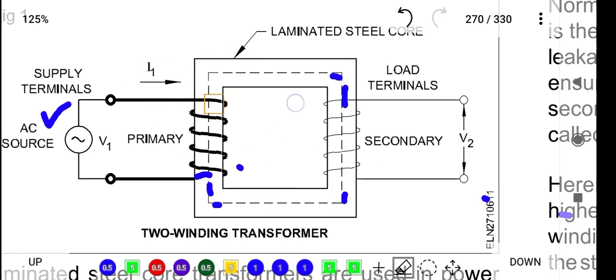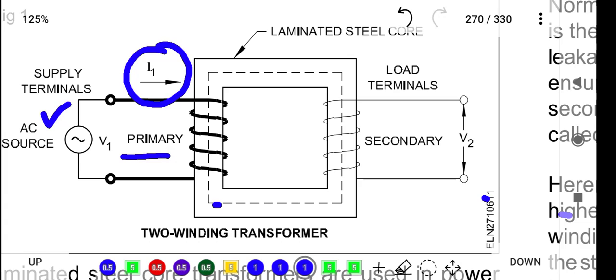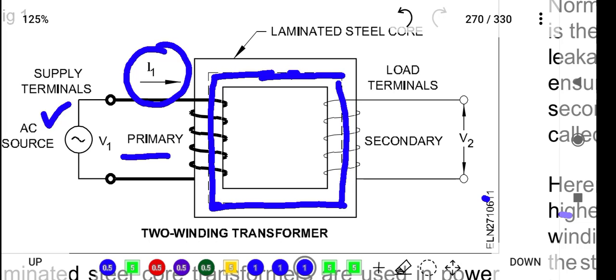So you get the point now, right? When the current is passing through the primary winding, it sets up a flux. The flux is linked to the secondary winding.